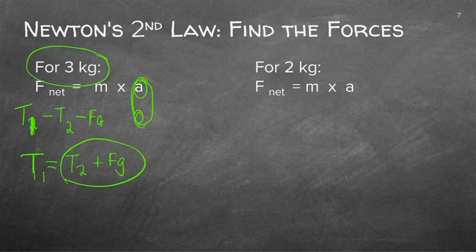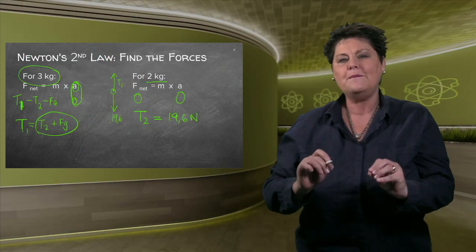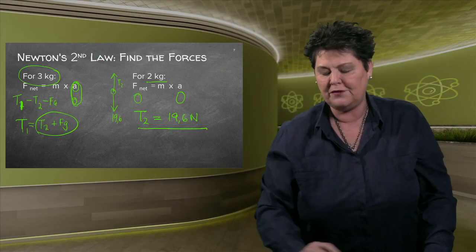Let's have a look at the 2 kilograms. Remember, it had the gravity downward, which we calculated as 19.6, and upward we had T2. If that's 0 again, we know the F net is 0, which will mean T2 is equal to 19.6. Now, for the first time, you've got a value for one of the T's.